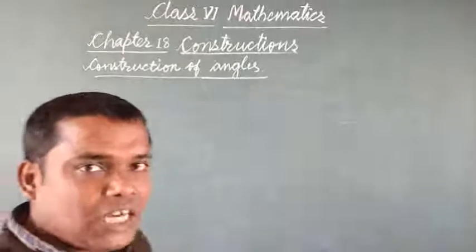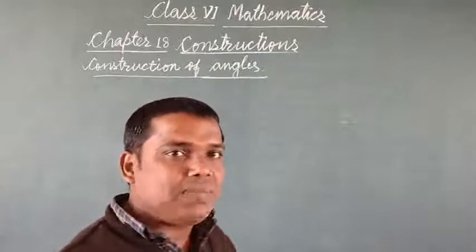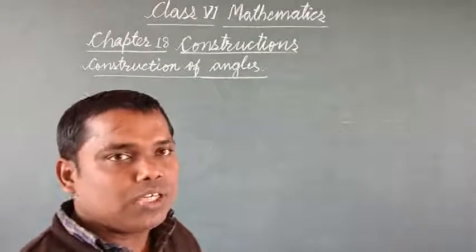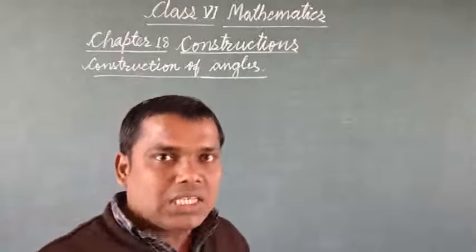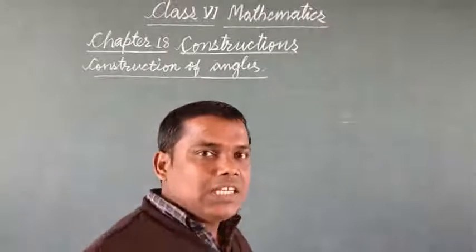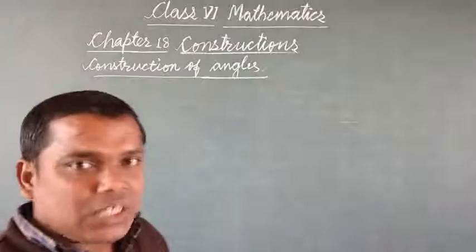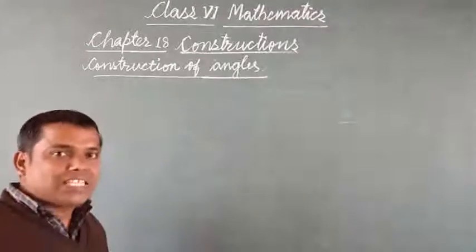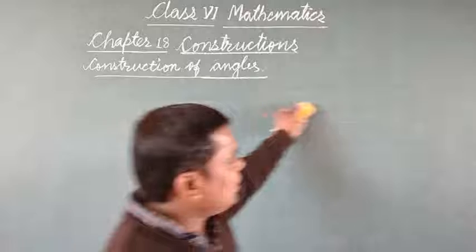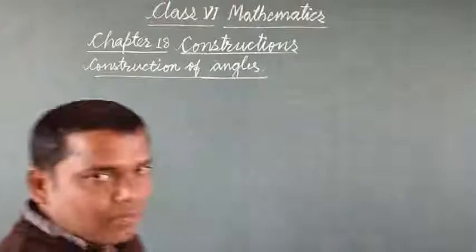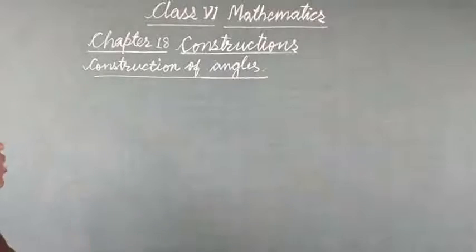I have made you understand how to construct. You will read a step, it will be more clear to you. You will read a step, you will do the construction in your notebook. It will be easy to understand also. If there is a problem, I will discuss it in Google Meet, at that time you can ask me once more. Now I am going to tell you about construction of angles.